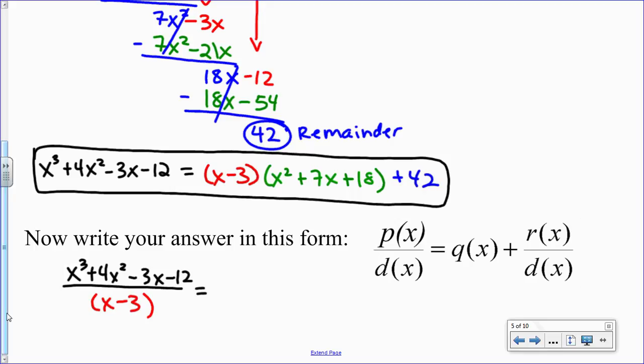And that gave me an answer of x squared plus 7x plus 18 with a remainder of 42. So when you write it as a division problem, you have to write that your remainder is a fraction of the divisor. So 42 over x minus 3.